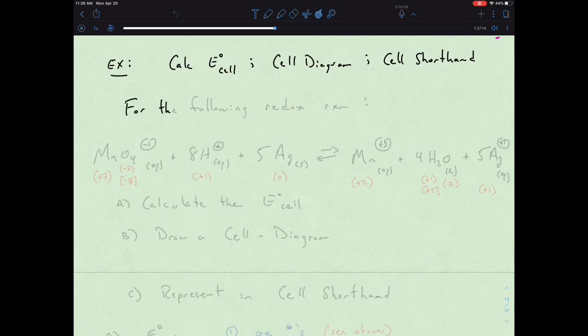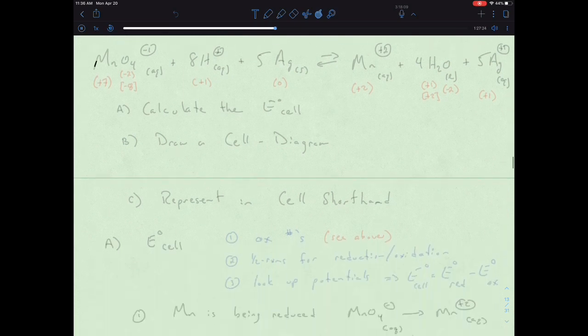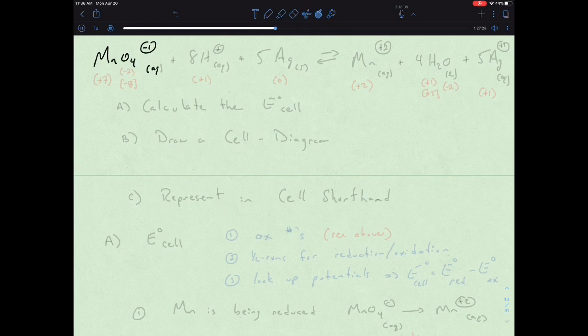So we're just saying, for the following redox reaction, and so here we have manganate plus 8 protons plus 5 silver in the solid state produces manganese plus 2, that's aqueous, plus 4 H2Os and 5 silver ions.